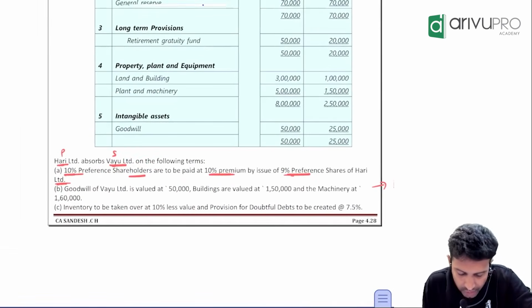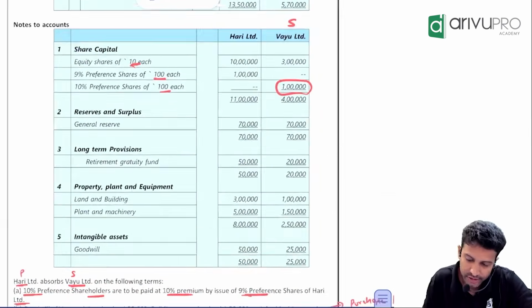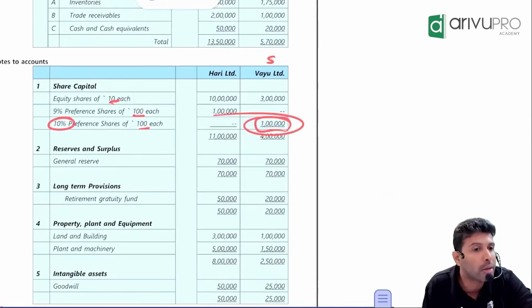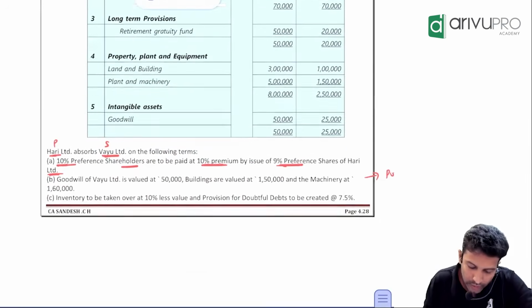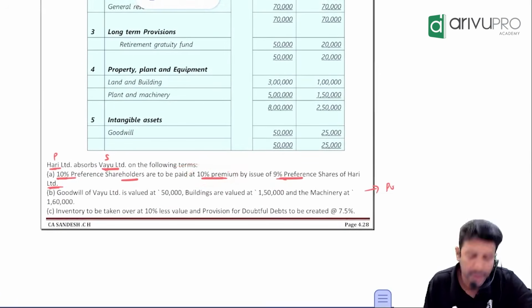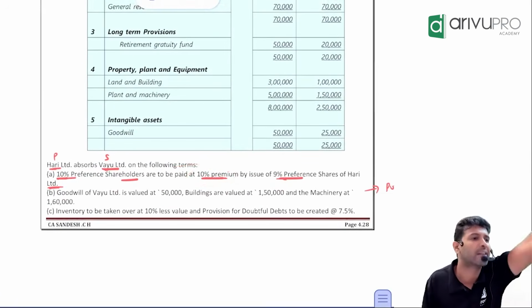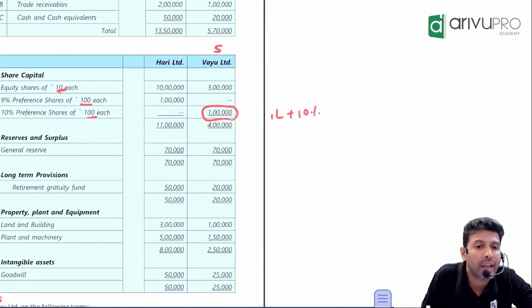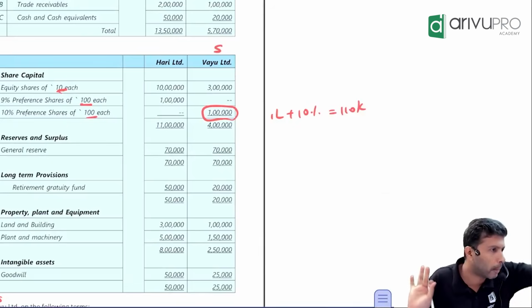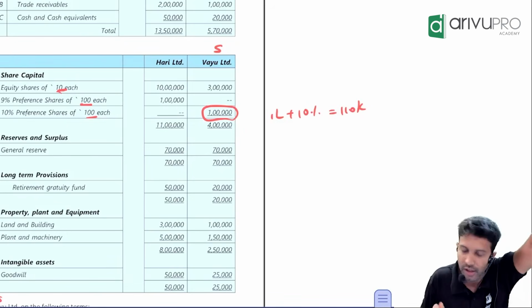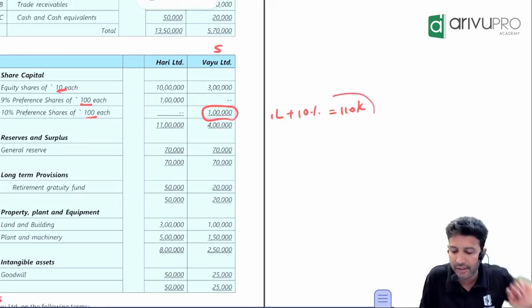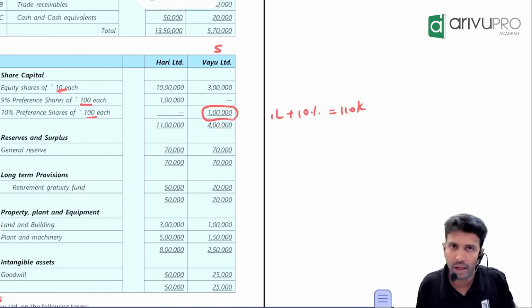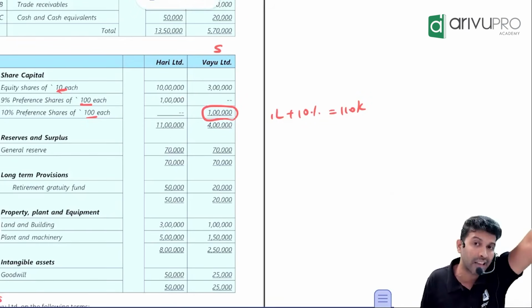Read this line: 10% preference shareholders are to be paid at 10% premium. Premium means lower or higher value? So instead of paying 1 lakh, we have paid 10% extra. How much is that? A bonanza for preference shareholders. Instead of getting 1 lakh, they will get 1 lakh 10,000 as settlement, or as purchase consideration.